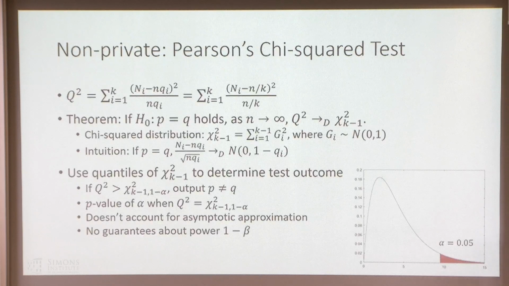You say no guarantees about power. Okay, perhaps. It's not even clear what power should be in the sense that we don't have an alternate hypothesis. Maybe in an asymptotic sense, the power will approach 1, which might be something you can derive. I'm not 100% sure. I think there are statements of the form, if some measure of distance, say chi-squared distance between P and Q, is at least something, then you get some alternate sampling distribution, and so that implies some power bound.